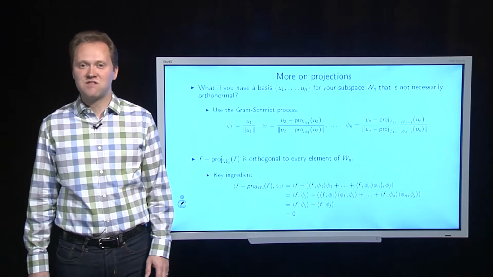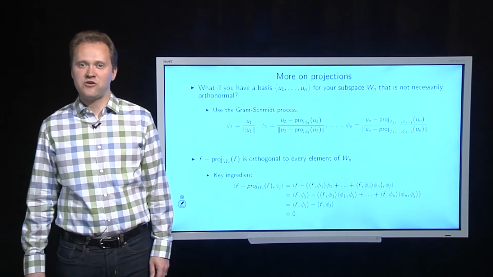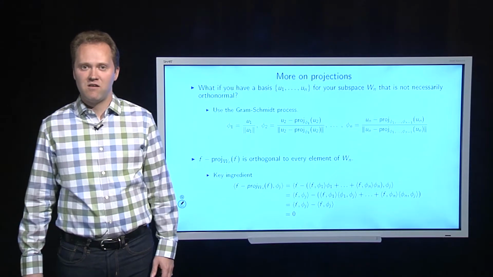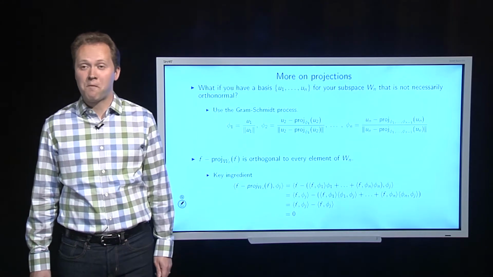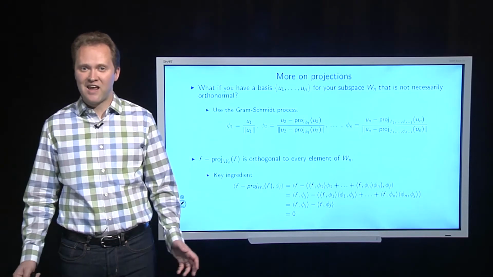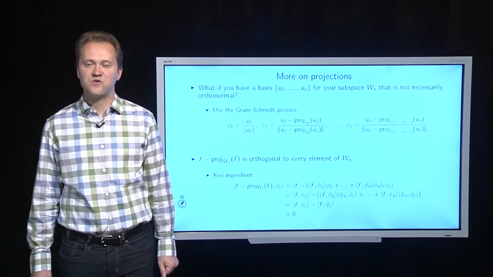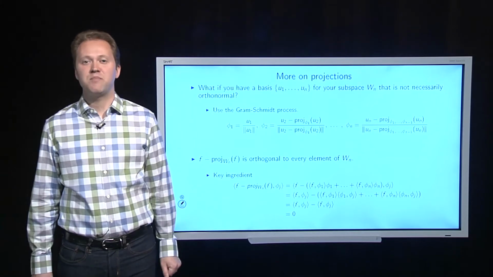Now I claim that this then shows that no matter what kind of a vector you take from your subspace, you will see that the inner product is 0 by just doing this successively on all of the basis vectors, because you can take any vector in the subspace and write it as a linear combination of vectors from the basis.